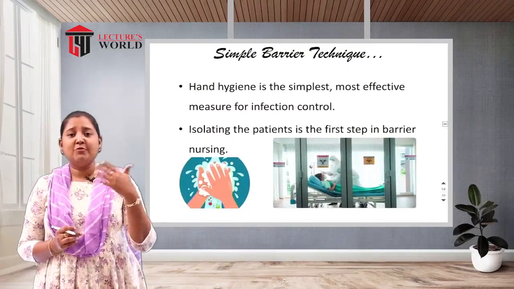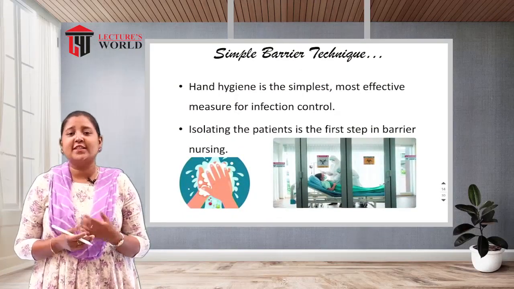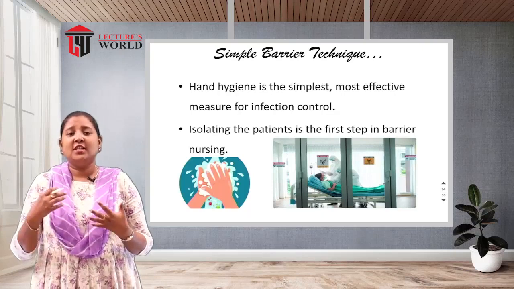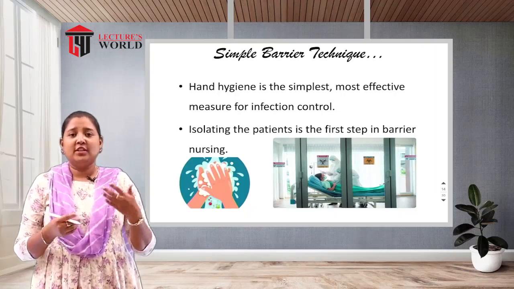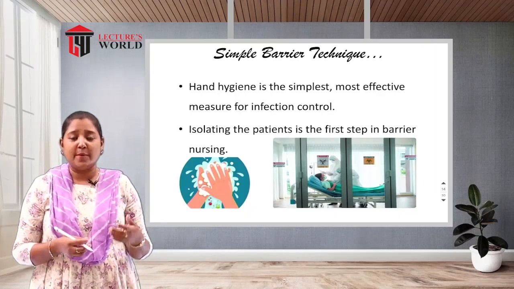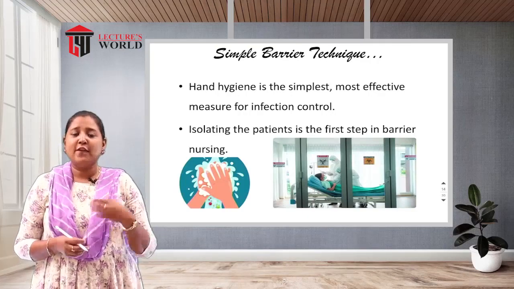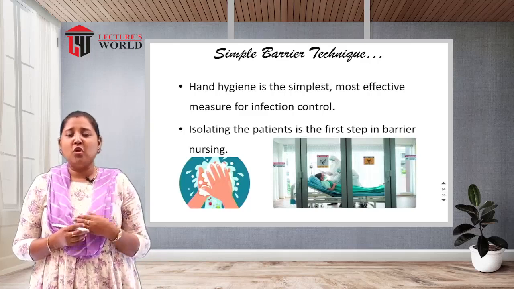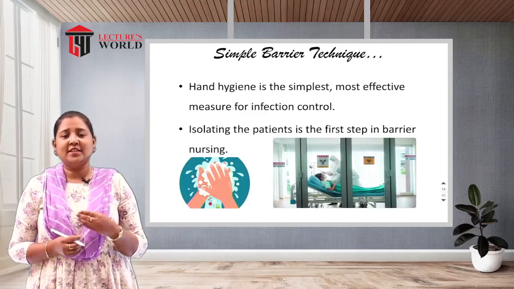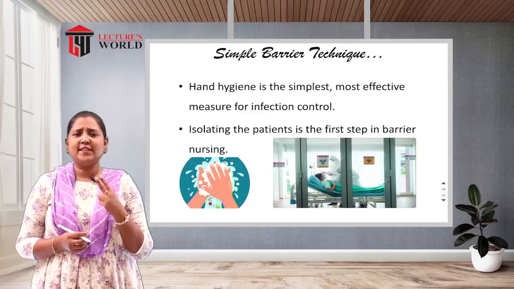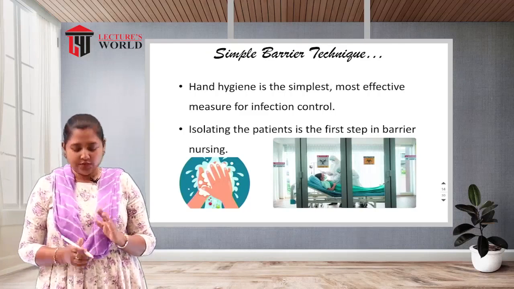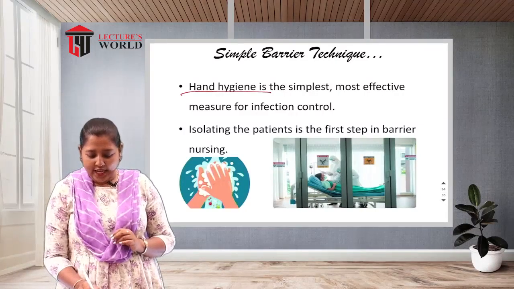So from the above points, I told you about many techniques like aseptic technique and isolation, then safer handling of sharp instruments, handling of disposals, handling of linens, everything. Apart from all these things, barrier nursing has two very simple techniques, which we call hand hygiene and isolation.